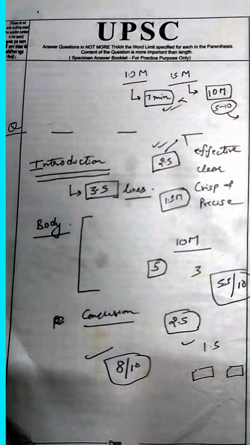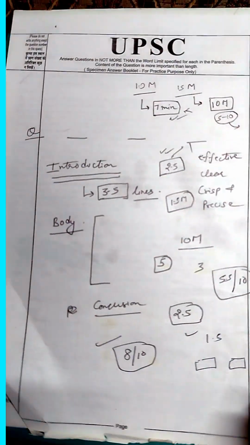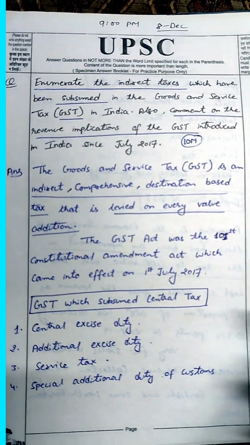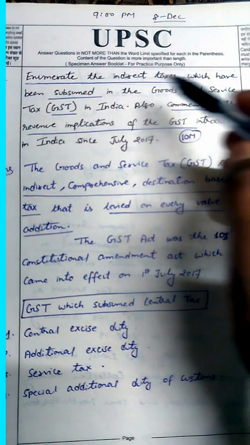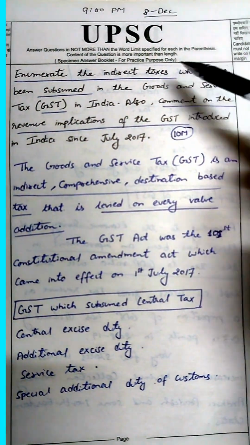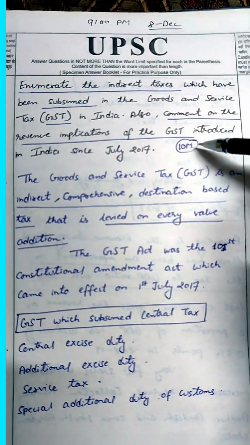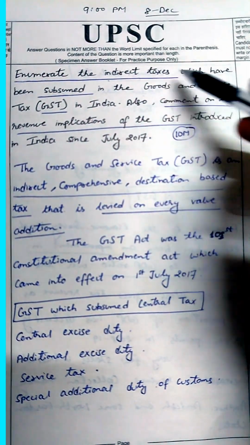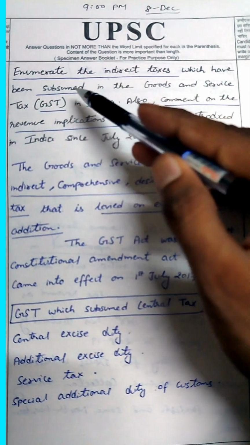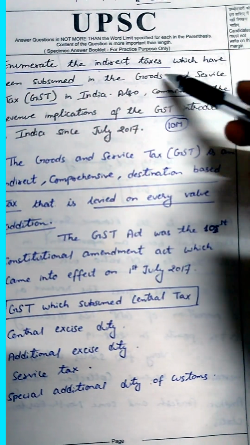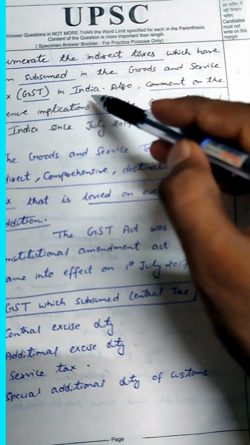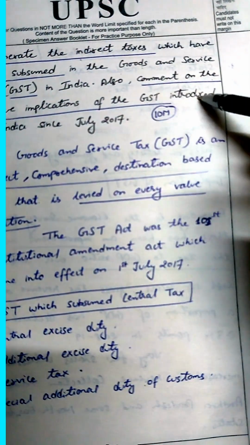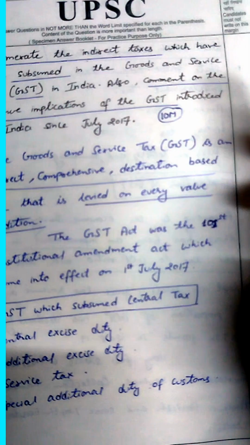Okay, so let's start with one answer today. See, this is the question. We have to read it at least twice, and this is a 10 marks question. Enumerate the indirect taxes which have been subsumed in the Goods and Services Tax in India. Also comment on the revenue implication of the GST introduced in India since July 2017.